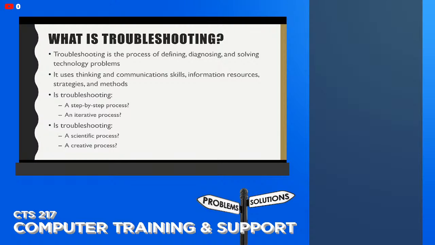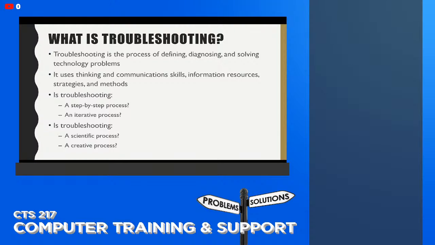Is it something that we can follow from beginning to end? Or is it something that we might have to do over and over and over again to find out a solution? And the answer to that question of whether troubleshooting is a step-by-step process or an iterative process is yes.